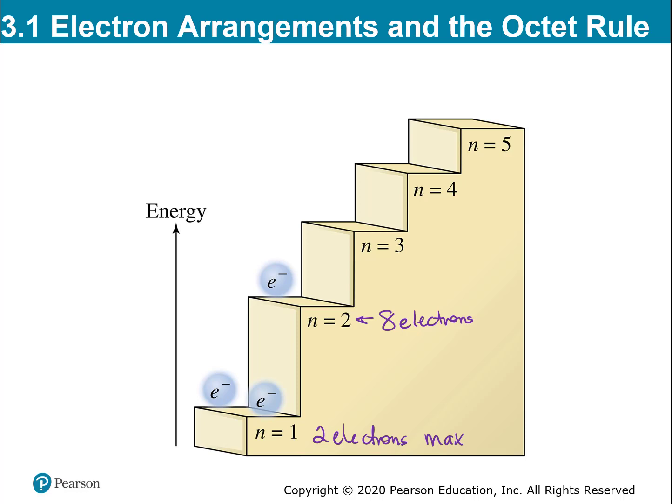So they just continue to increase. But we really don't talk about the very large elements. Really, we talk about 1 through 20, and we'll cover 1 through 20 in just those first 3 energy levels.